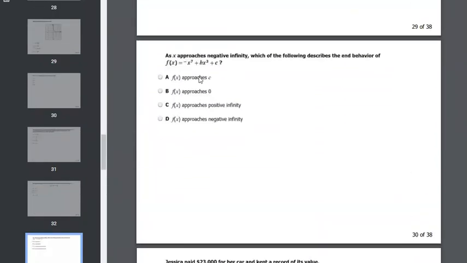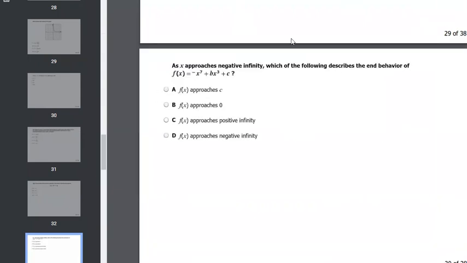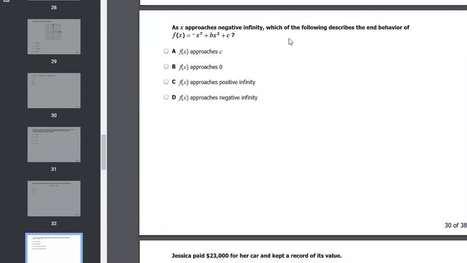And let's start here. All right, so this one says, as x approaches negative infinity, which of the following best describes the end behavior of this function? So we're given a function. I'm going to go ahead and write it down, and I'm going to graph it.